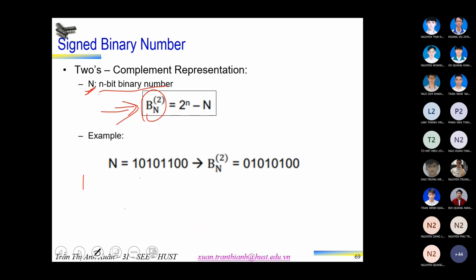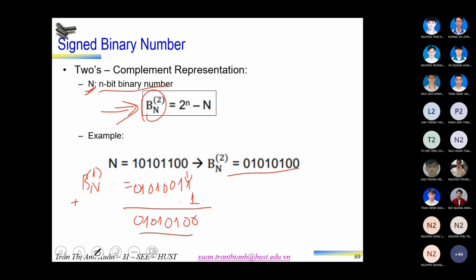So here we see the one's complement representation of this number: we reverse all bits, 1 1 0 0 1 0 1 0, and then we add 1 to get the two's complement, 0 0 1 0 1 0 1 0. This is the final result.